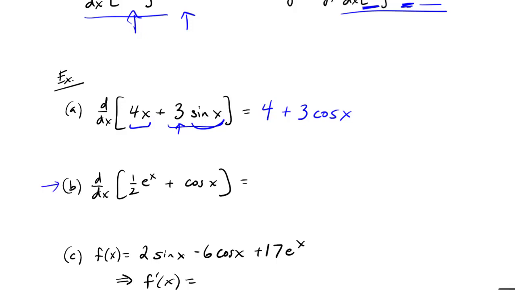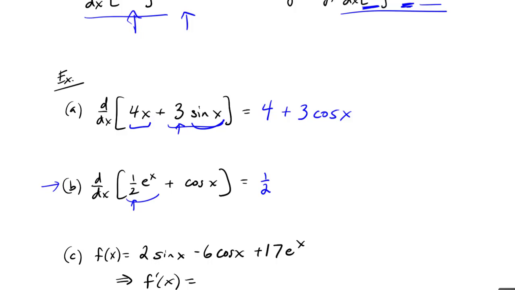Okay, how about b here? These 1/2 e to the x is being added to cosine x, so I can do them separately. All right, 1/2 e to the x. I have a constant multiple. Realize I'm saying constant multiple because that's a big difference between a constant being on its own and a constant multiple. A constant being added or subtracted on its own would have a derivative of 0. But if it's a constant multiple of another function, then that multiple stays.